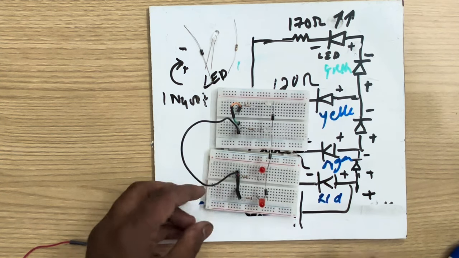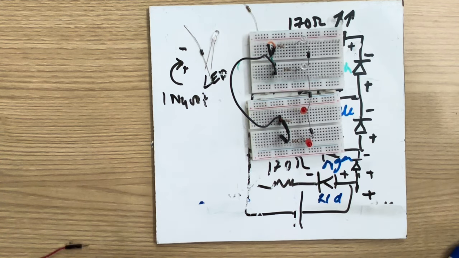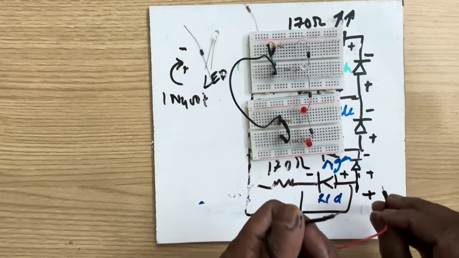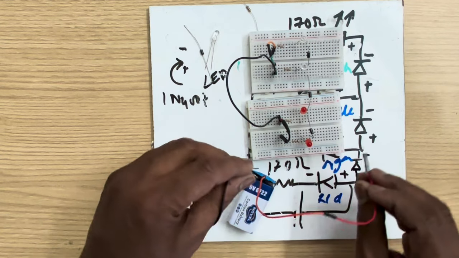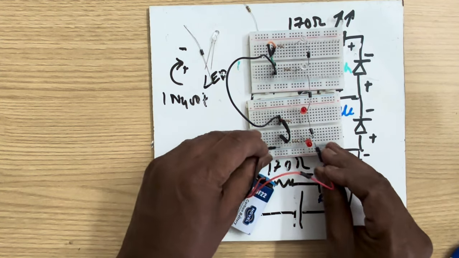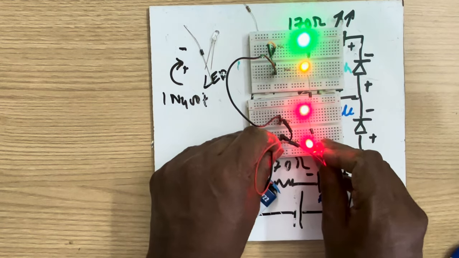And at the last one here at the end, you have to give the voltage to see the working. The red is positive, and the negative, so it's working.